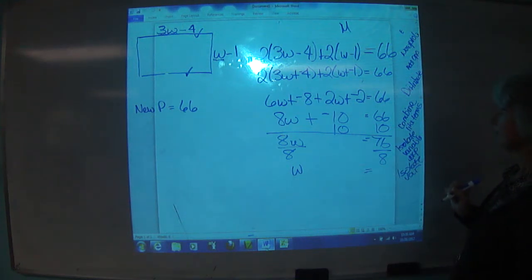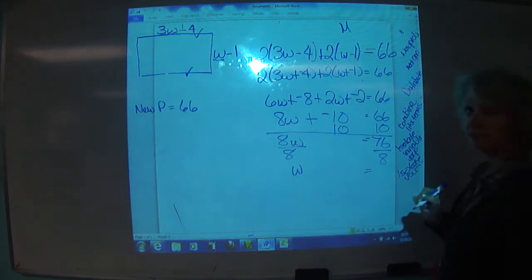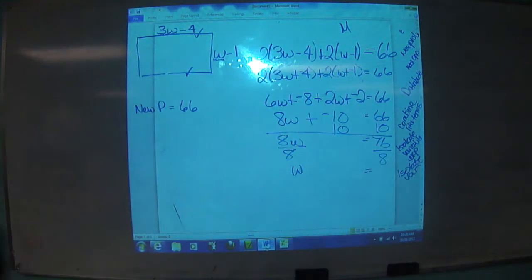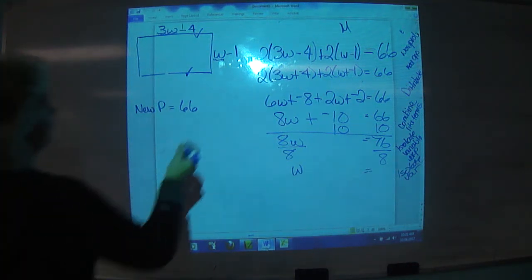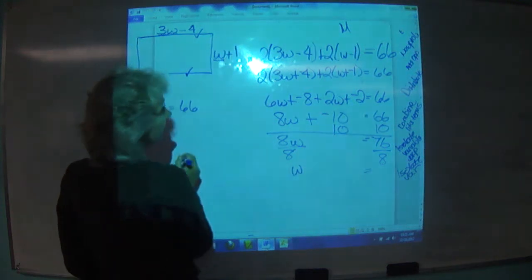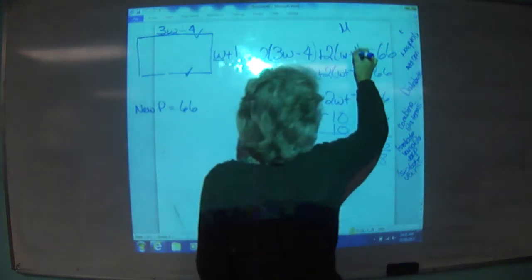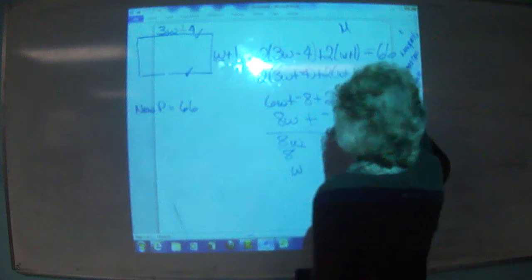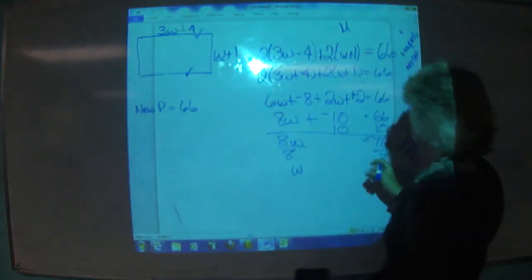The beginning, probably. So what's our problem? 3W minus 4. We had a problem: 3 times the width decreased by 4. The width is increased by 1. Nobody caught me. So it's plus 1, plus 2.